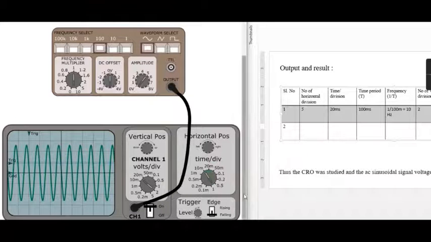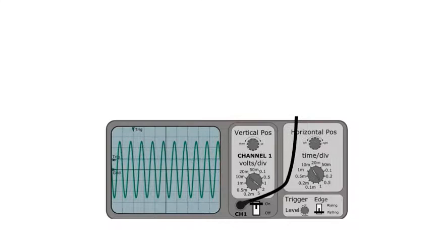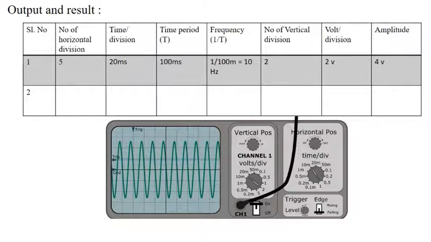We have seen the demo for the first case. For the second case, you can try this waveform. You can measure the x-axis, which is the number of horizontal divisions multiplied by time per division, and the y-axis, which is multiplied by voltage per division.